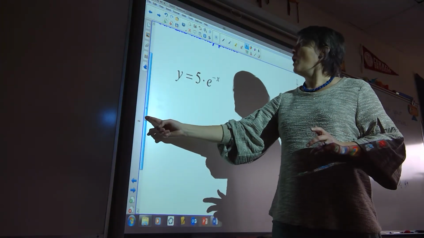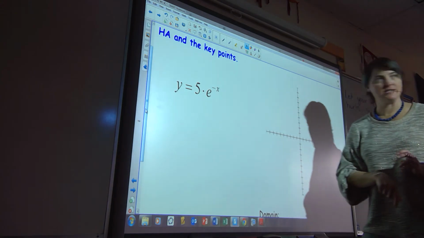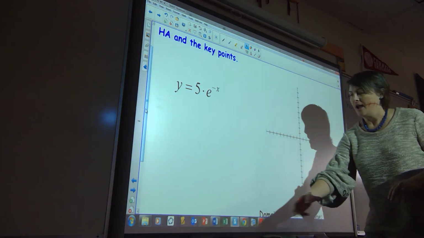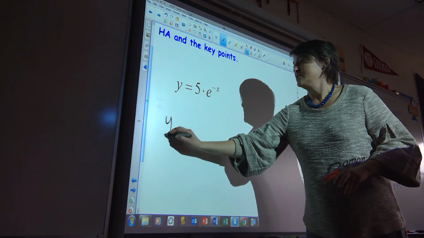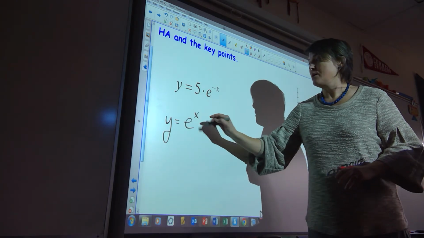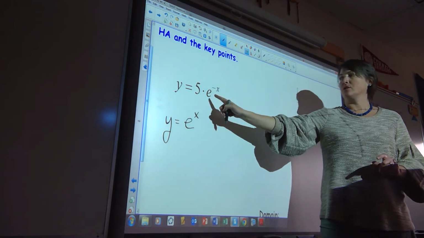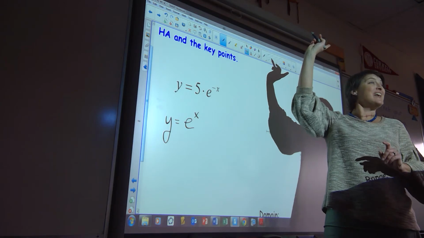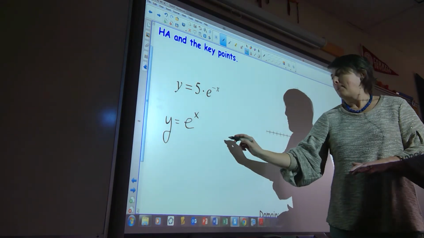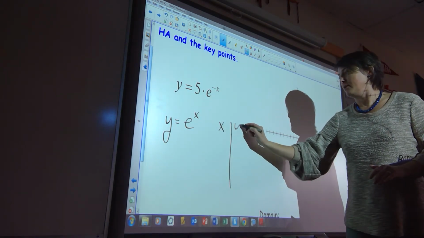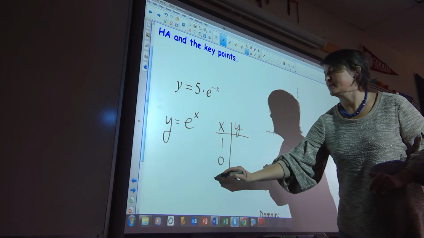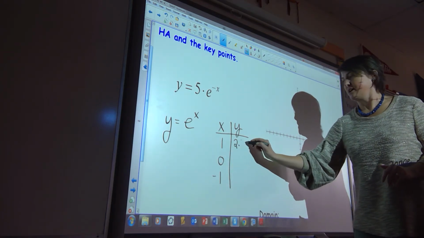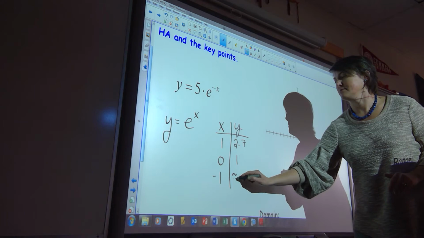In this case, let's do 1 decay, so we can see what that would look like. I'm going to use the basic parent t-table, okay? So I'm stripping away the negative on the x. When I build this basic table, I'll have a 1, a 0, and a negative 1, 2.7, 1, and approximately 0.4.